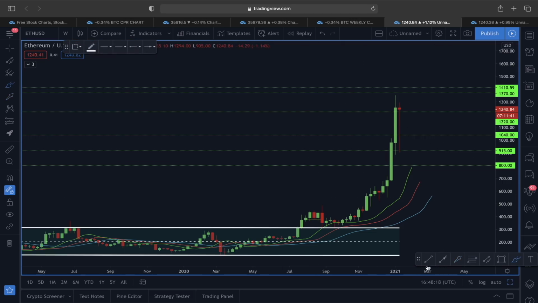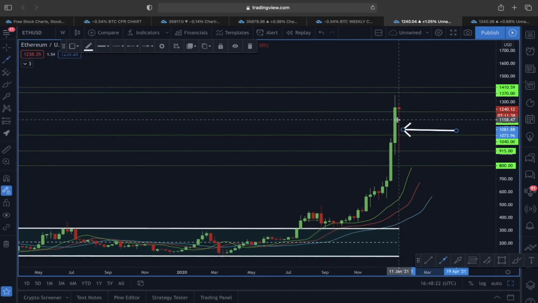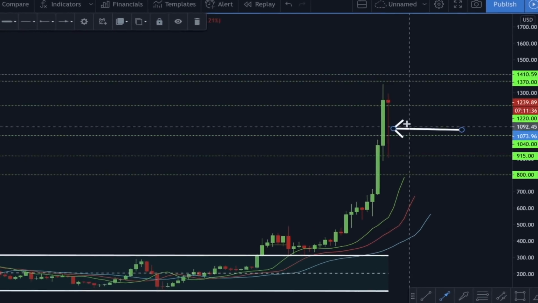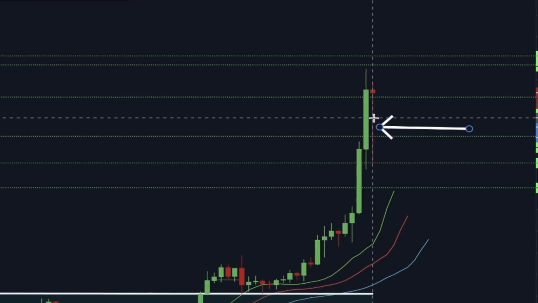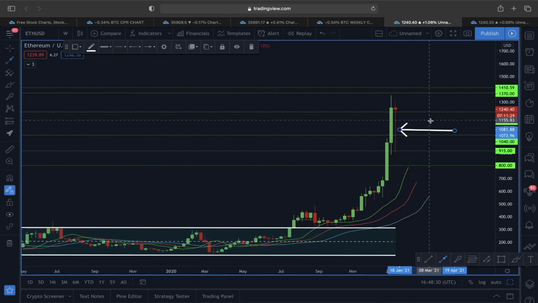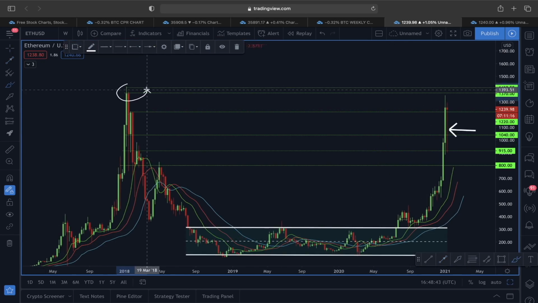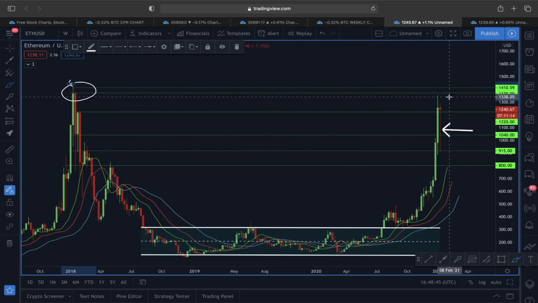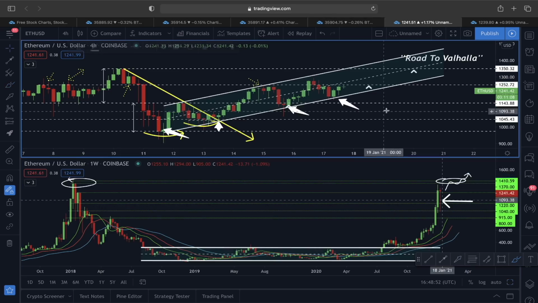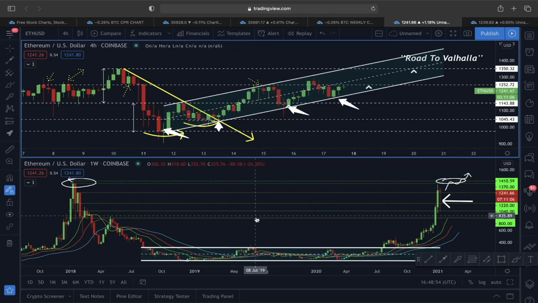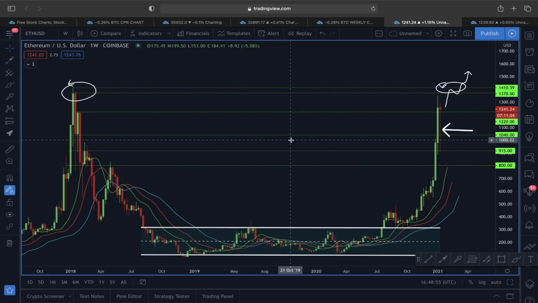But if we look at this candle properly, guys, look at this weak rejection. This is an extremely bullish scenario, because buyers are stepping in around this price level, and if the price of Ether is going to break the previous high structure here around this 1,410 level, guys, then as I've already said, this is the road to Valhalla, guys. So let's see how this one is also going to play out for Ethereum.